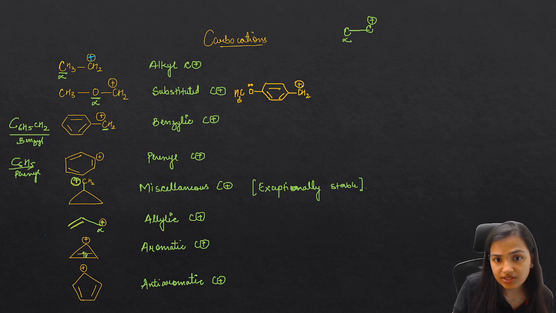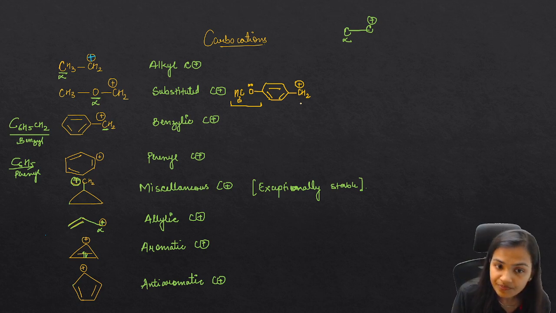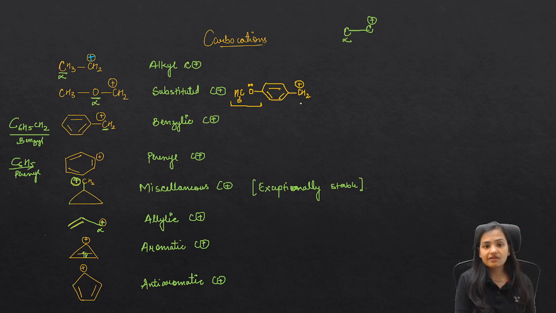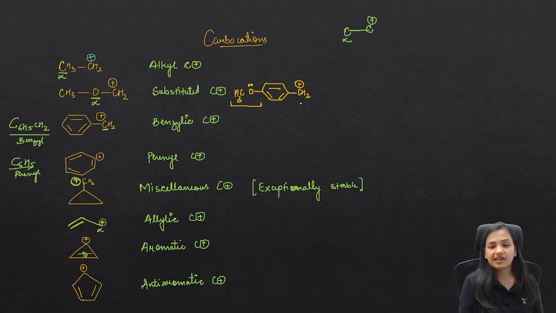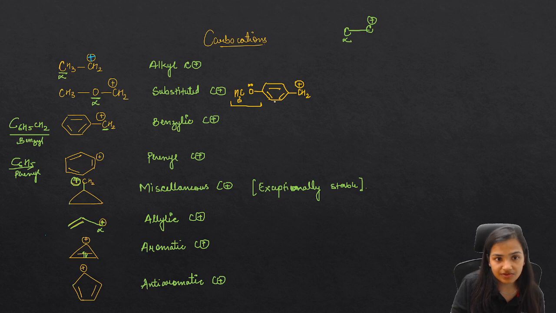So such carbocations where we have any ortho or para substituent are also said to be the substituted carbocation. Whenever we have any such group which is a hetero group, whether OCH3 or NH2, or any kind of chlorine, bromine, iodine, anything like this, if there is something present other than carbon, then they are said to be the substituted carbocation. Got it? So this is also an example of substituted. So these are the types of carbocations.